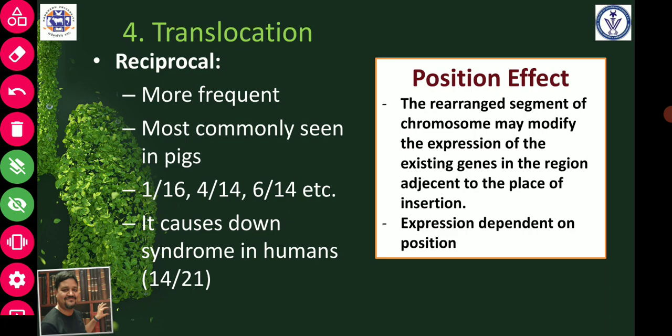The rearranged segment of chromosome may modify the expression of the existing gene in the region adjacent to the place of insertion. Such position-dependent expression is known as position effect. So this is an important term, related to position-dependent expression of genes.